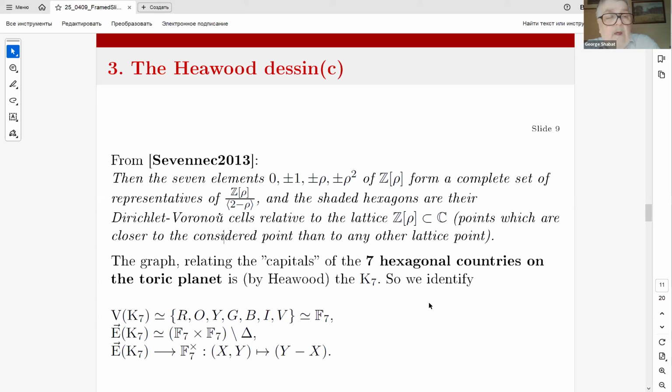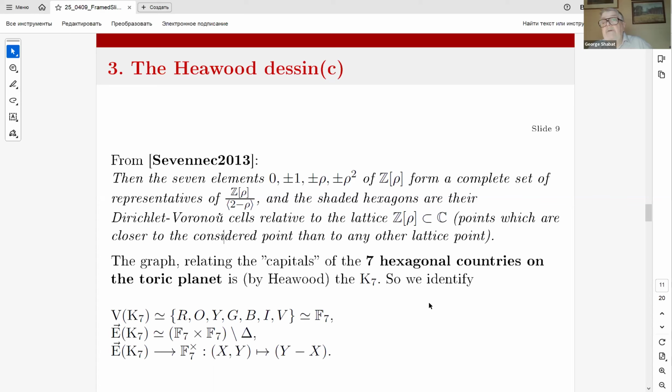We consider the surface as the planet and the graph as the set of boundaries between the countries. And here we have a funny political geometry, in some sense the smallest, with the 7 hexagonal countries, in which every country is the neighbor of every other.